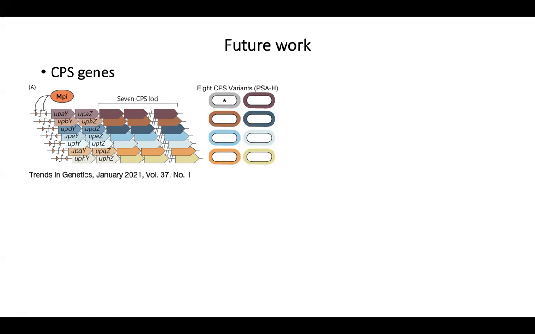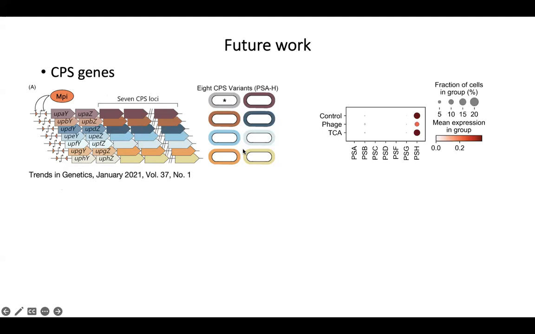So it is thought that these operons are mutually exclusive, and so the cells can exist in all these different variations.